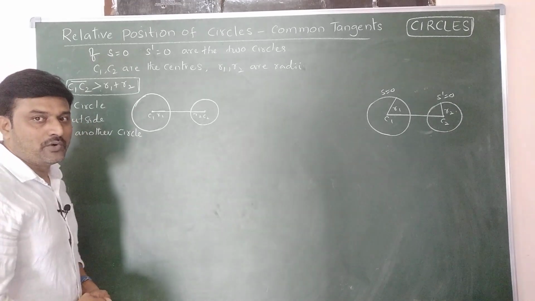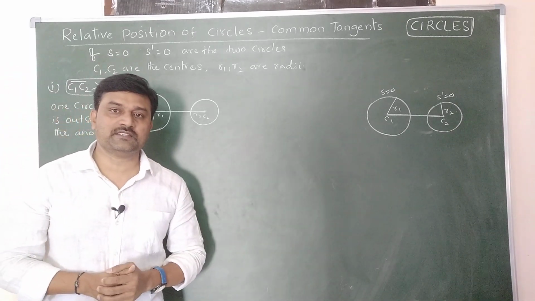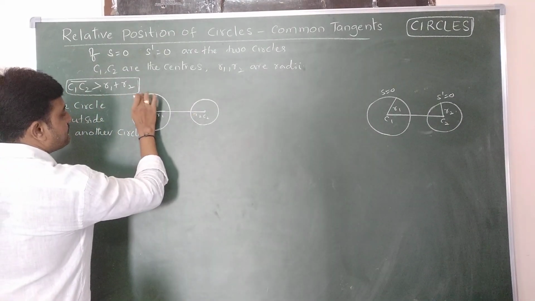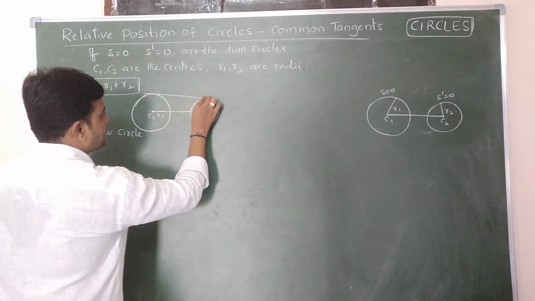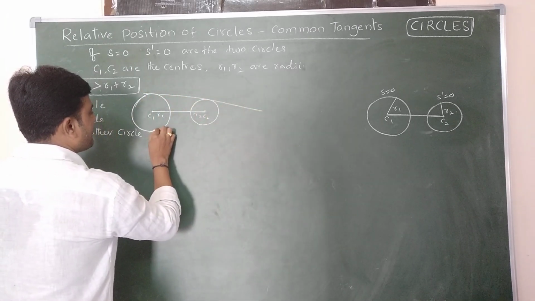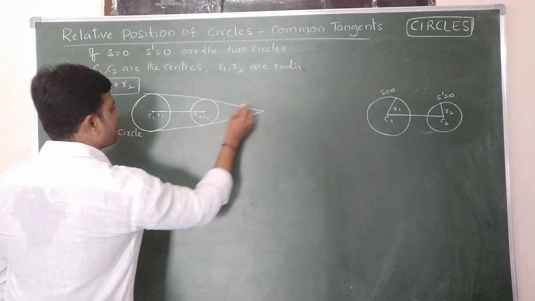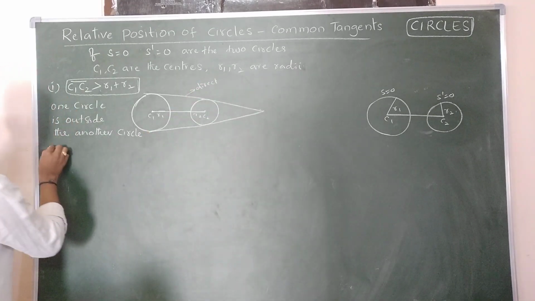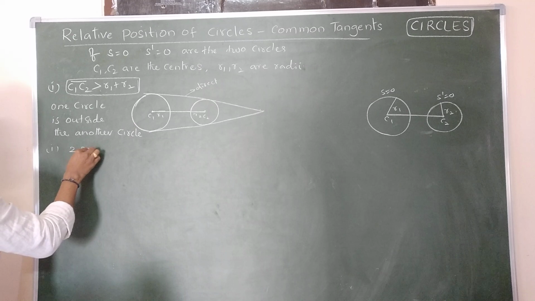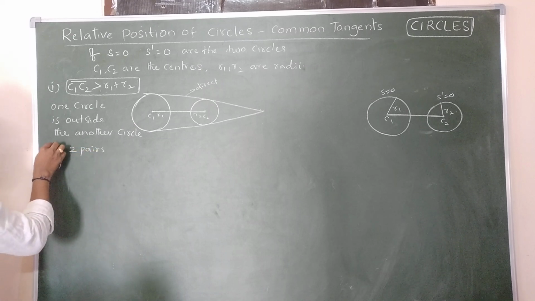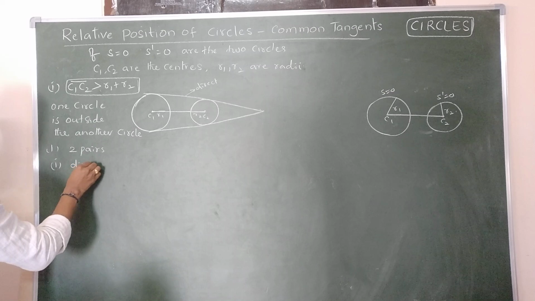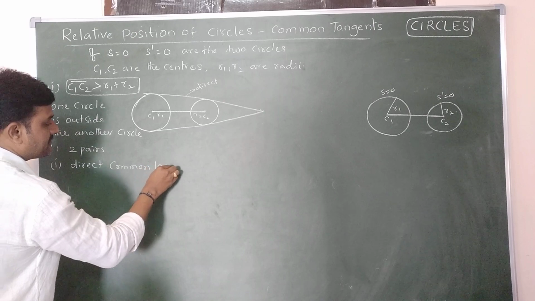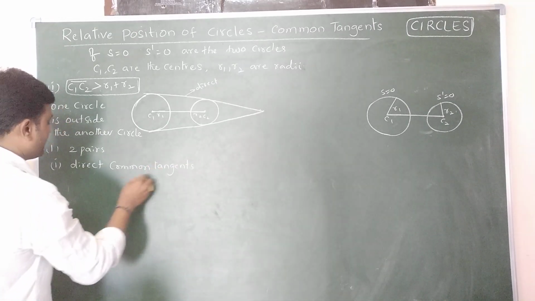In this position we have two pairs of common tangents. Observe here. One pair of common tangents like this is called direct common tangents.